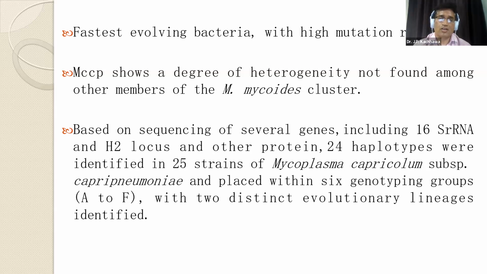Based on the sequencing of several genes, including 16S rRNA, H2 locus and other proteins, 24 haplotypes were identified in 25 strains of Mycoplasma capricolum subspecies capripneumoniae, and placed within 6 genotyping groups from A to F, with 2 different evolutionary lineages.